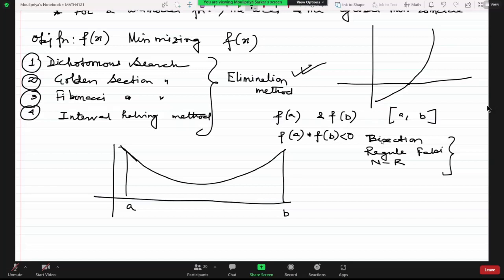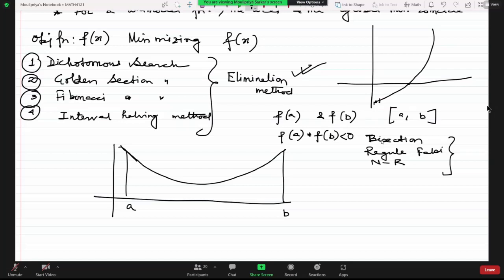Like, for example, in bisection, say this is the function that is given to us. Then what did we do? We found A and B, on the basis that f(a) into f(b) is less than 0. Then, does anybody remember how to find the next interval in case of bisection method? The easiest one.